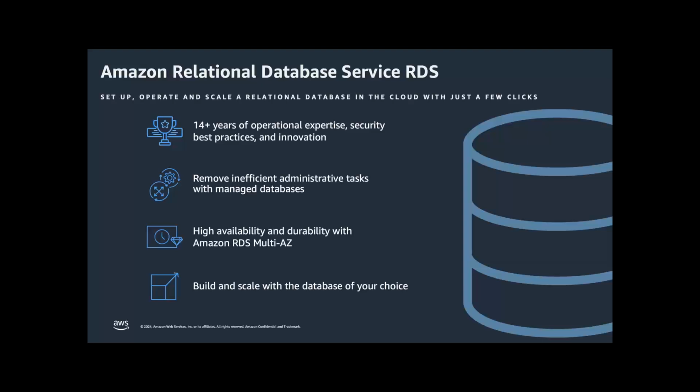Amazon Relational Database Service, or Amazon RDS, including Amazon Aurora, is a collection of managed database services. These services make it simple to set up, operate, and scale databases in the cloud with just a few clicks. Launched in 2009, customers benefit from over a decade of proven operational expertise, security best practices, and innovation for cloud-native databases.